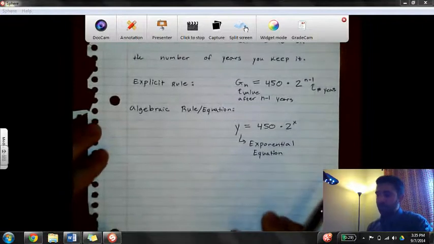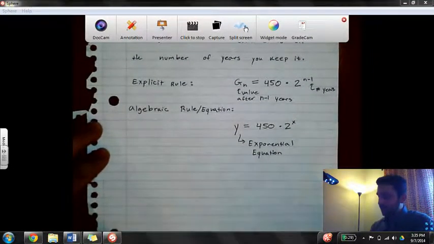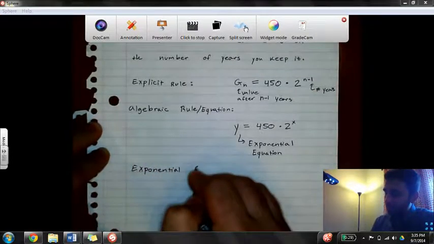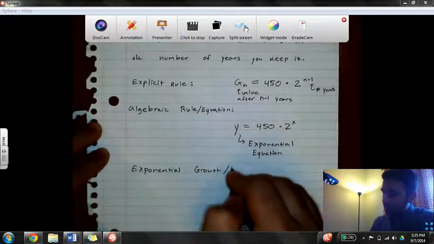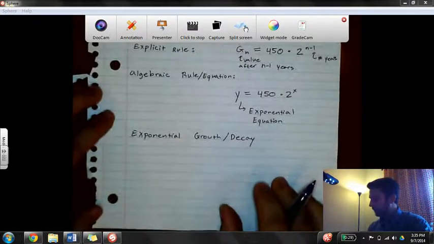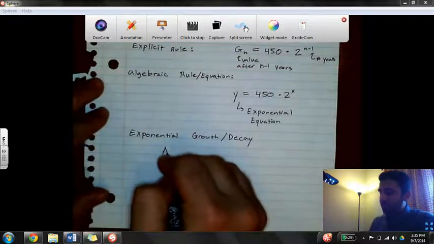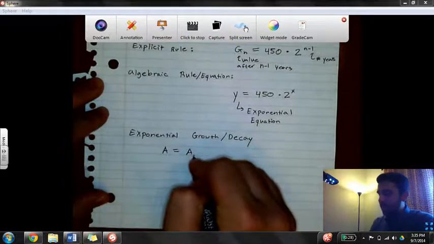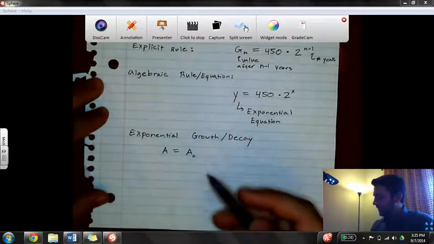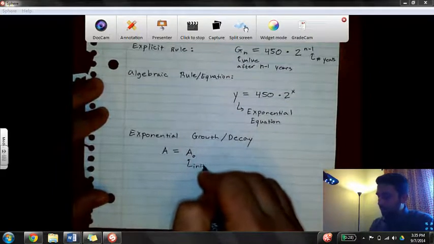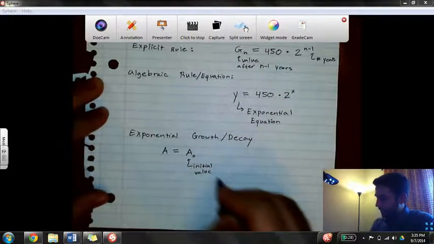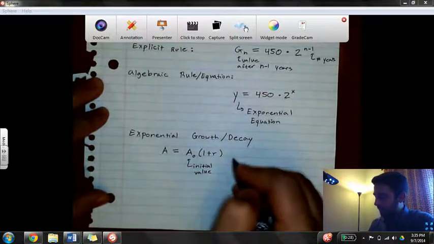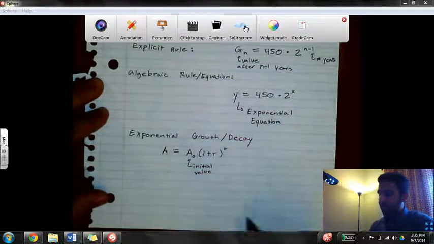Now, another situation that would use an exponential equation is exponential growth and decay. And the general form of an exponential growth or decay problem is A equals a sub 0, where a sub 0 is the initial value, times 1 plus r raised to t.